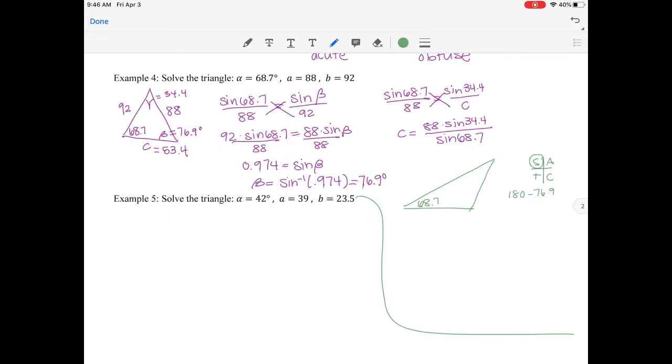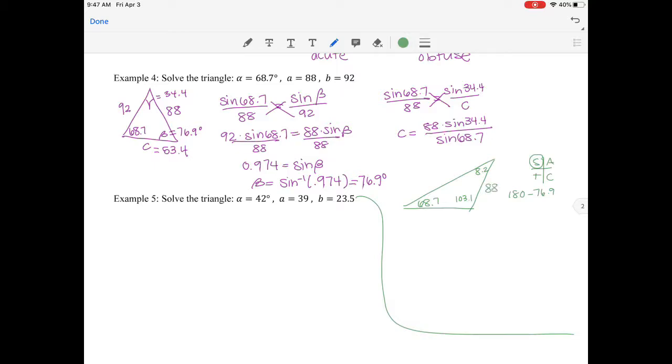So if I take 180 minus that 76.9, I will end up with 103.1. So therefore, if I do 180 minus the 103.1 minus the 68.7, my last angle up here is 8.2 degrees.